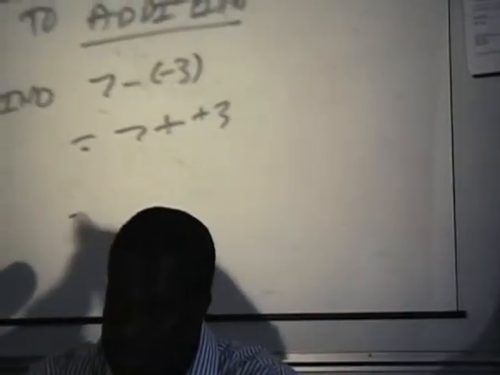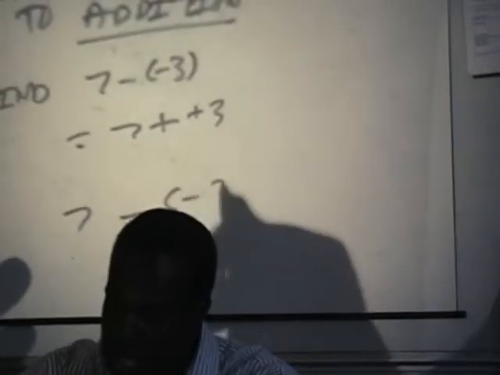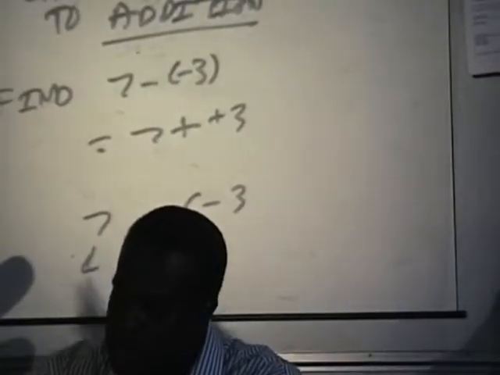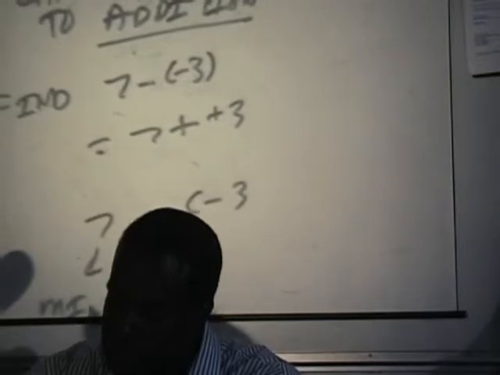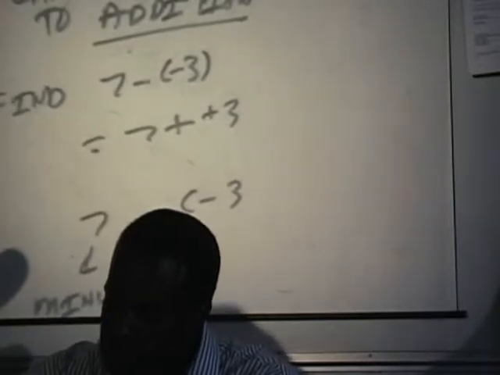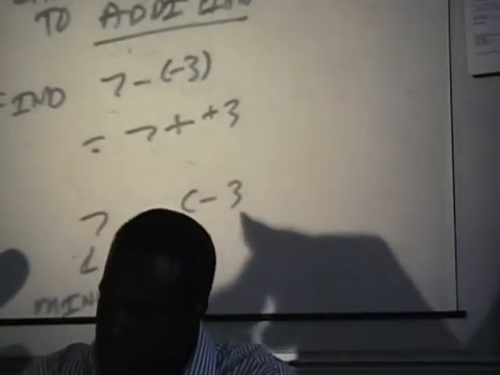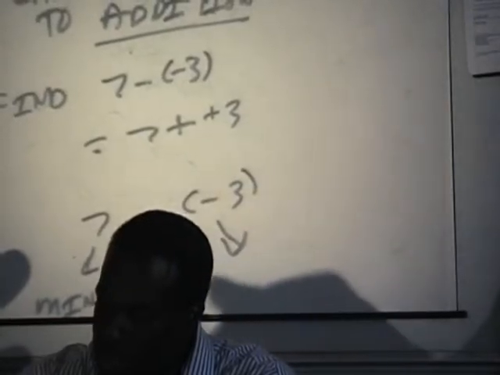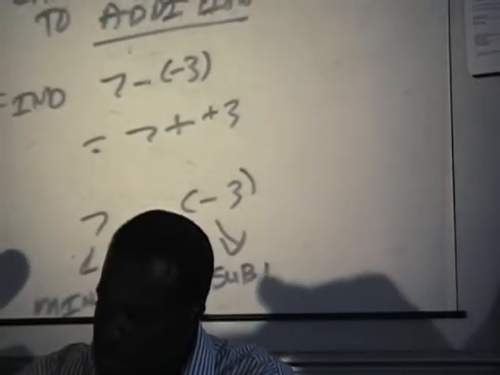For example, in 7 minus a negative 3, the 7 is called the minuend. And the negative 3 is called the subtrahend.